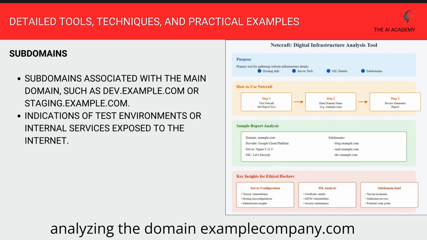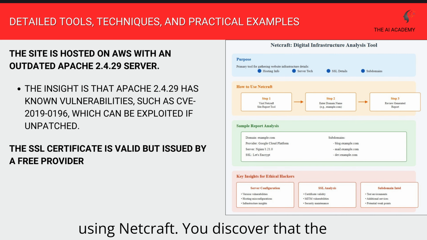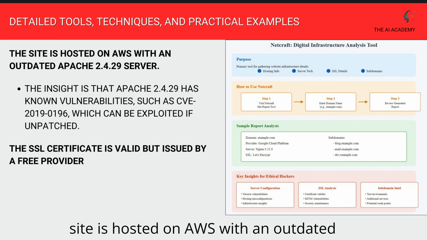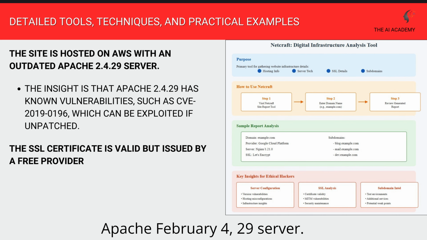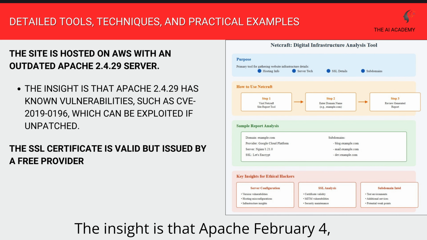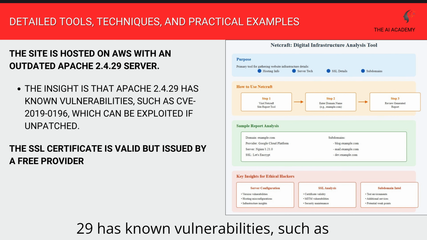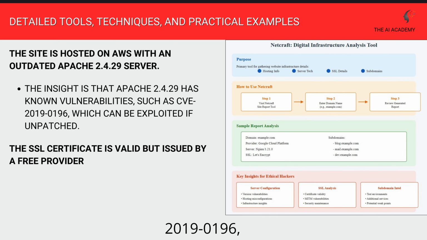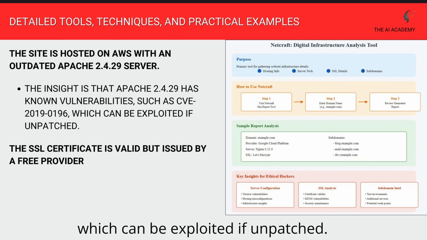Let's say you're analyzing the domain examplecompany.com using Netcraft. You discover that the site is hosted on AWS with an outdated Apache 2.4.29 server. The insight is that Apache 2.4.29 has known vulnerabilities, such as CVE-2019-0196, which can be exploited if unpatched.